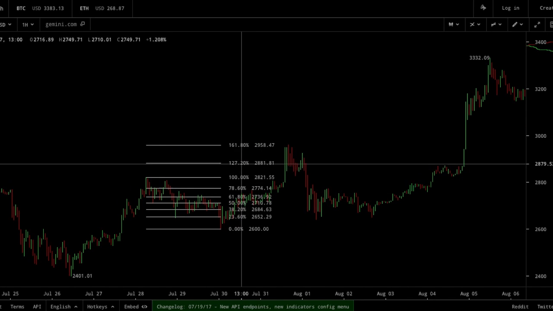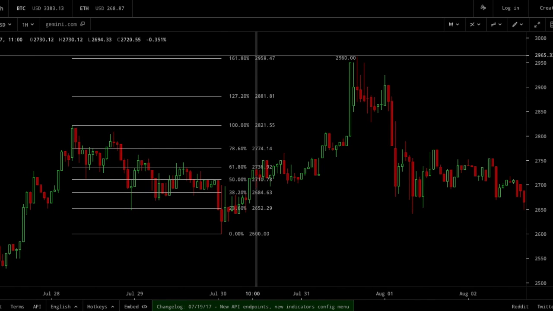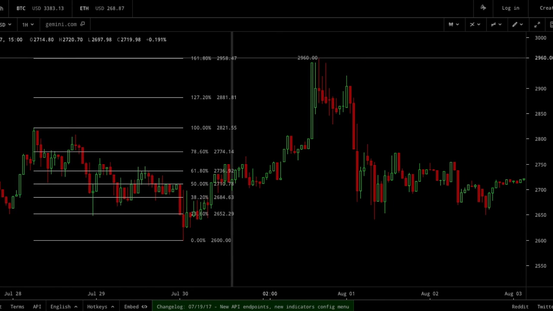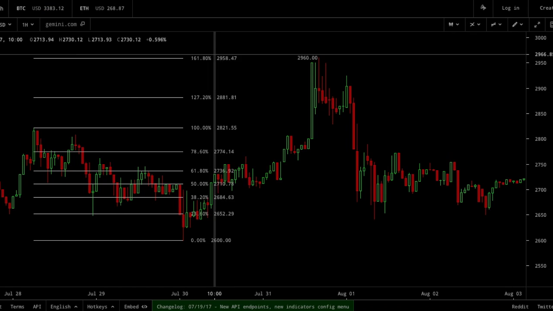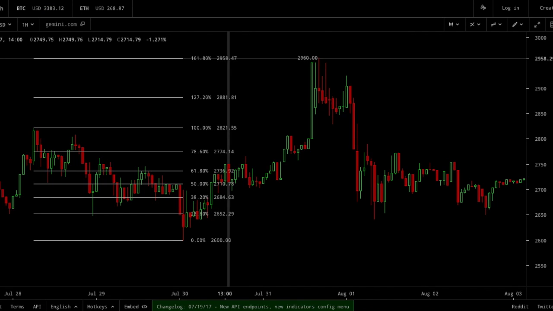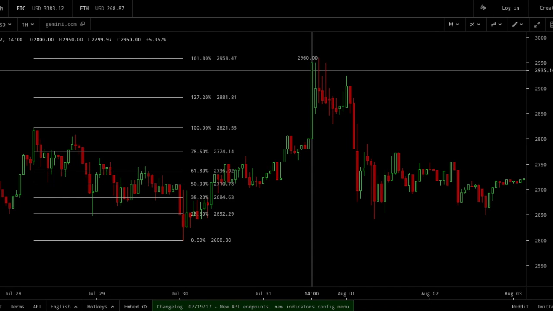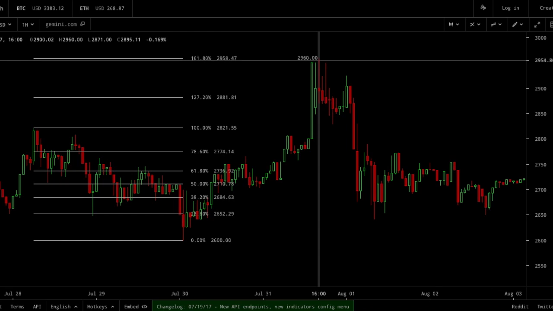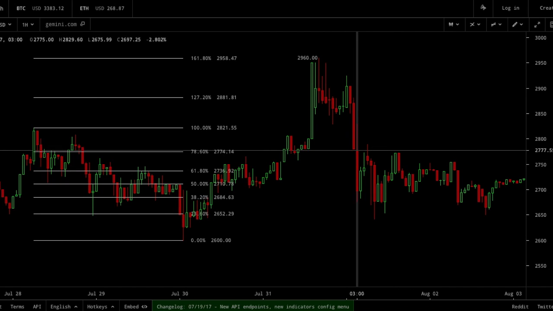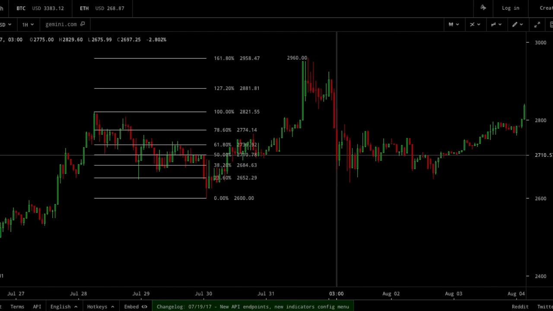You can see that this includes the 127.2 and the 161.8% extension. If you had set your profit target for exactly 2958.47, you would have been perfectly filled right here. That would have hit, and then you would have missed all this downside when it went back to support.